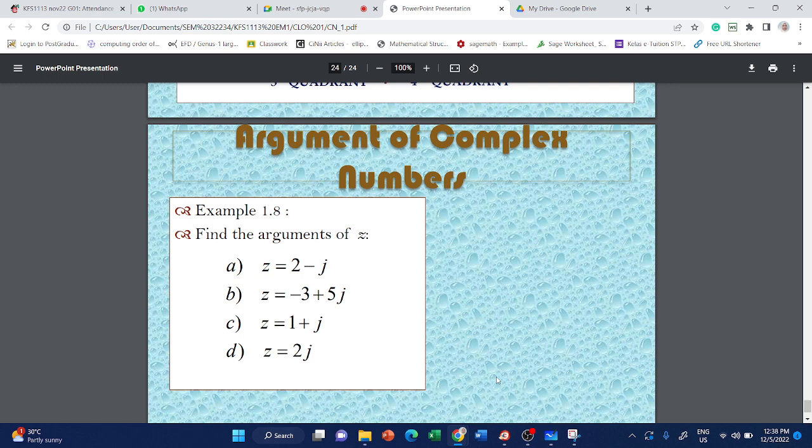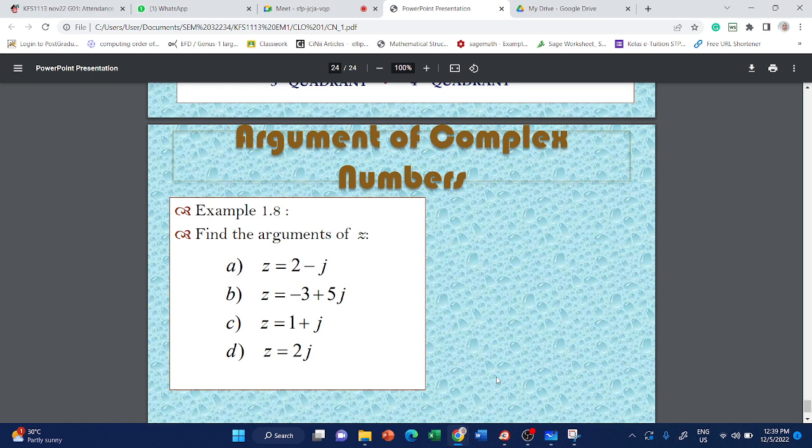X is 0, Y is 2. So what do you think about the angle? The radius is 2.